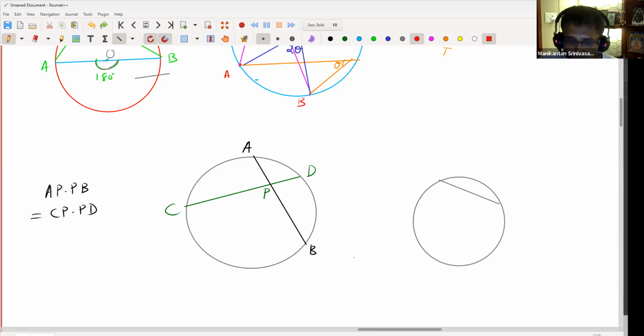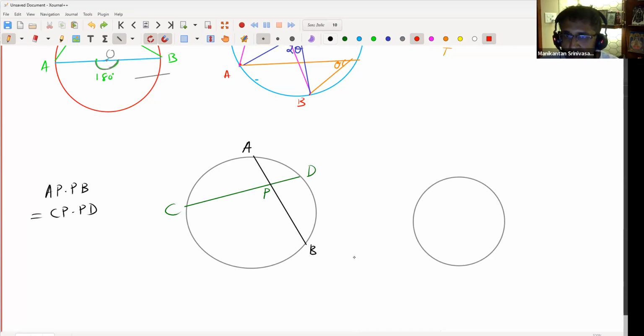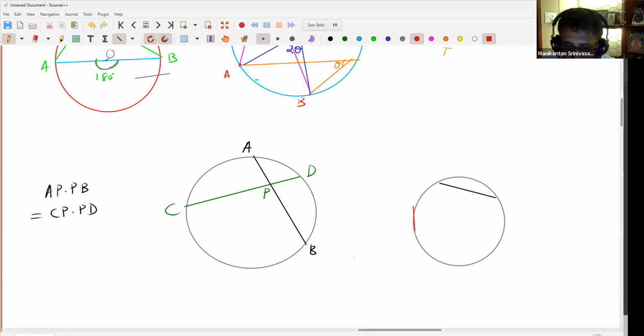Sorry, I'll redraw them. This is the first chord, and this is the second chord. Right now they are not meeting, so I have to extend them like this, and here also I'll extend it further.